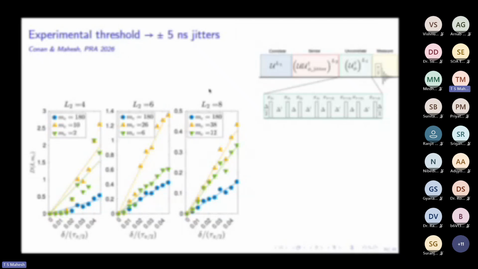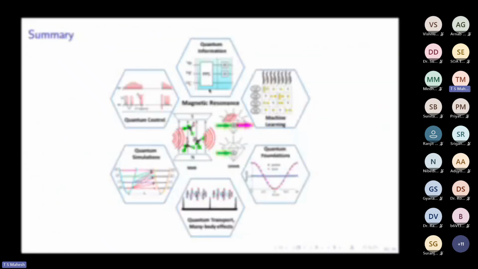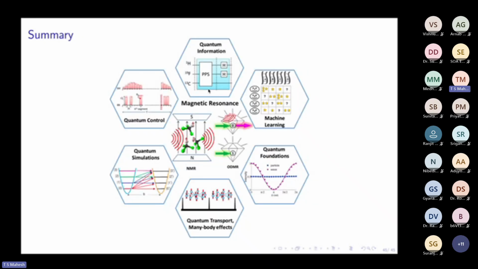Okay, so now with this, let me summarize. Nuclear magnetic resonance involves taking molecules or solid state systems in a strong magnetic field, and then we apply resonant radio waves as shown here.